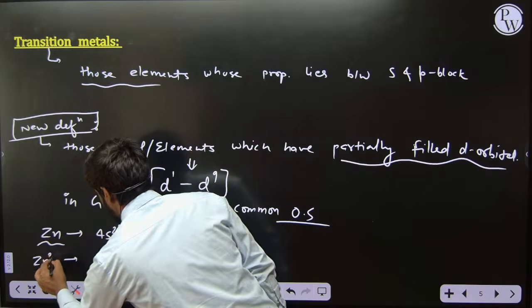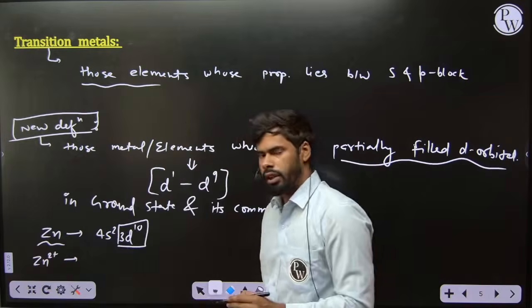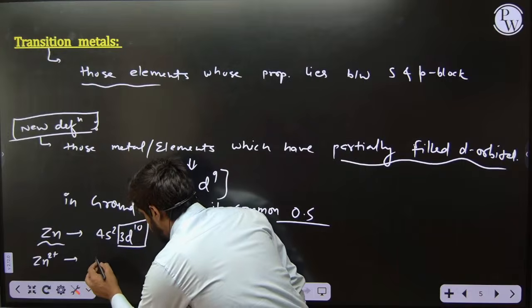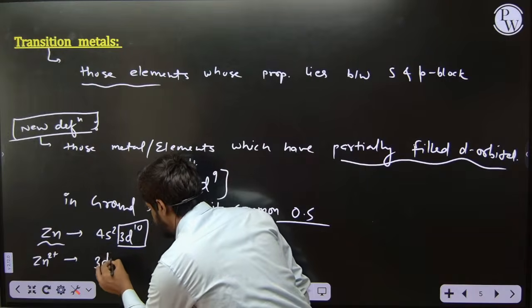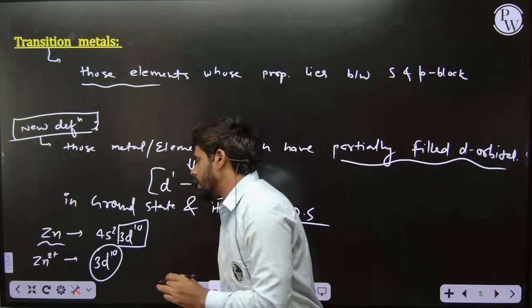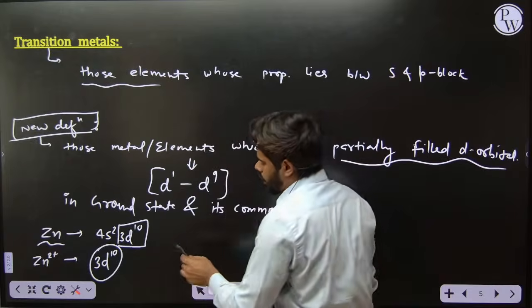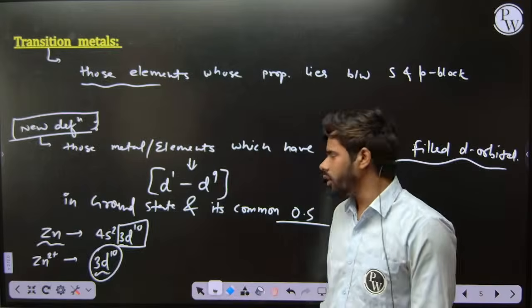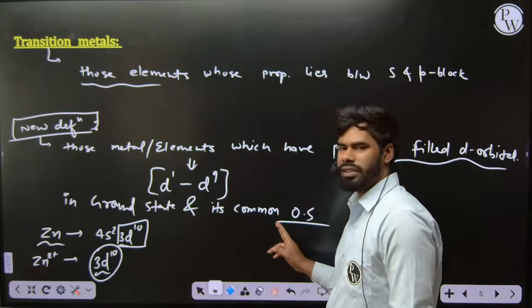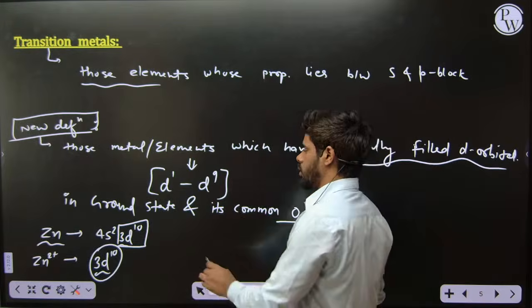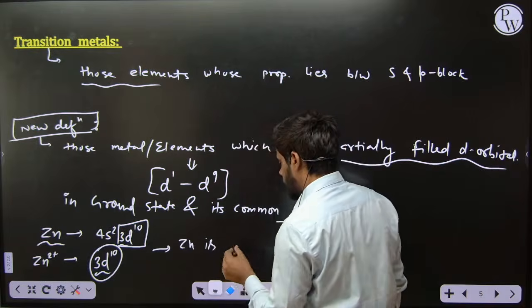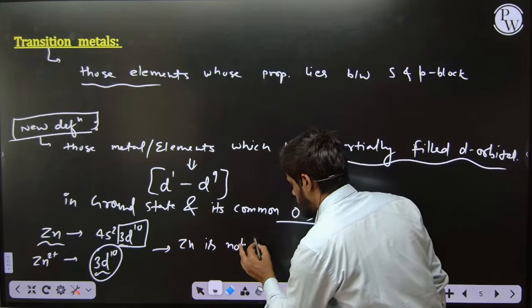The common oxidation state of zinc is 2 plus, and its configuration is 3d10. Again the d orbital is fully filled in the ground state as well as in the common oxidation state. So I can say zinc is not a transition metal.